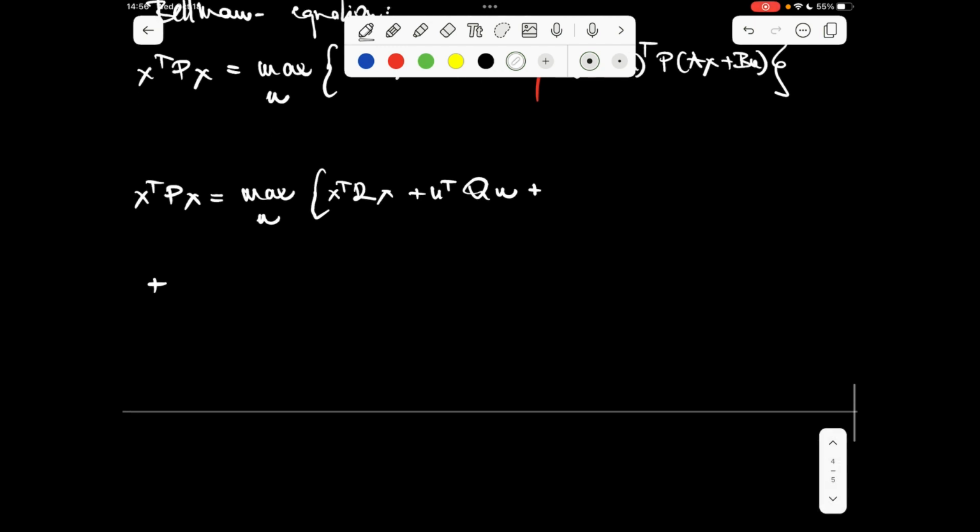So we follow the steps of the previous part of the problem.